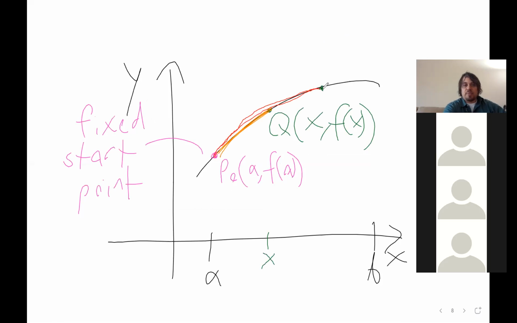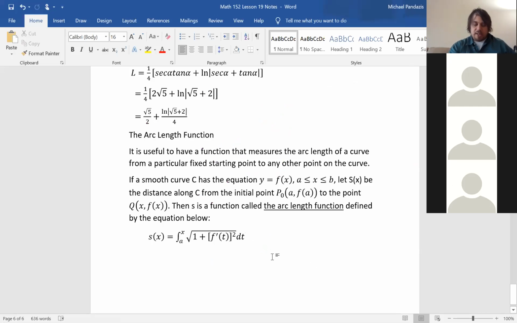If I chose this point, we'd have an x value here. It depends on the point you choose. But the initial point is here, so that's the a. So you're integrating from a to x. So that's the curve, and with this x, you'd be integrating from here to here to find that.